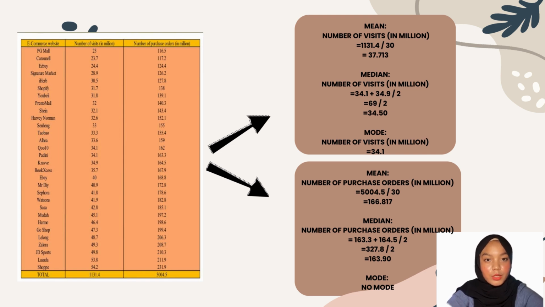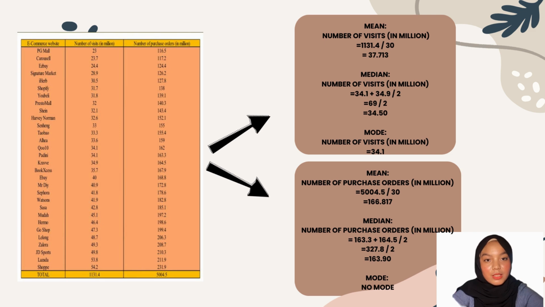Second, we calculate for the number of purchase order dataset. For the mean, we sum all of the data for number of purchase order and divide by 30, and we get 166.817 million.